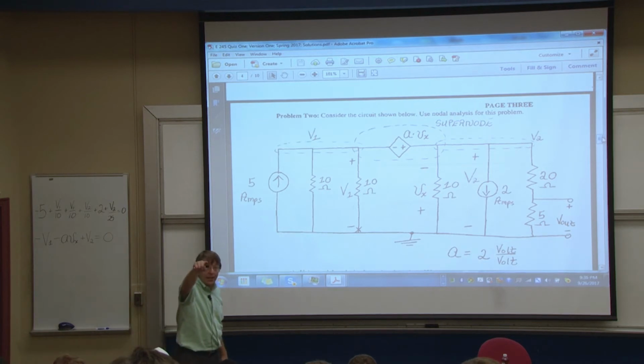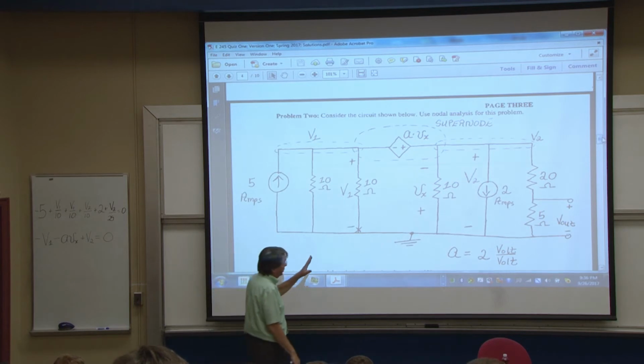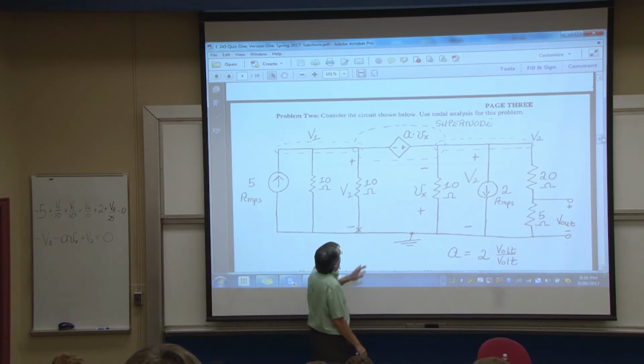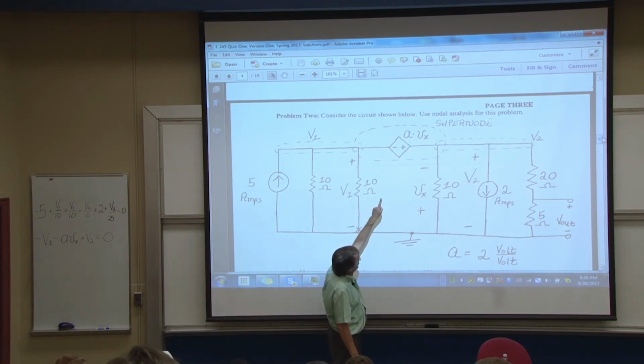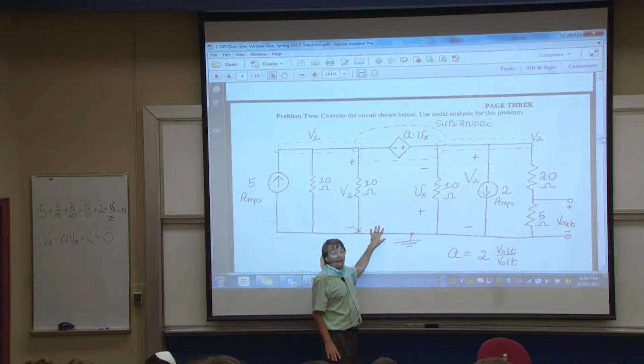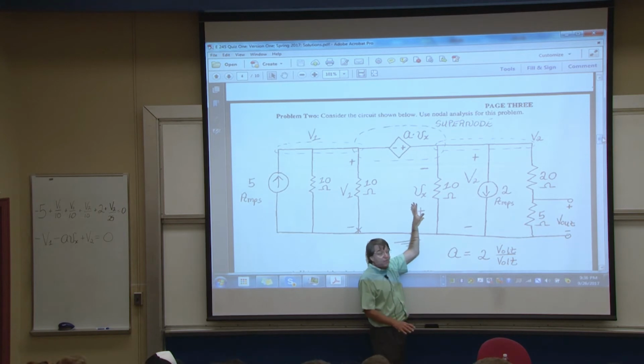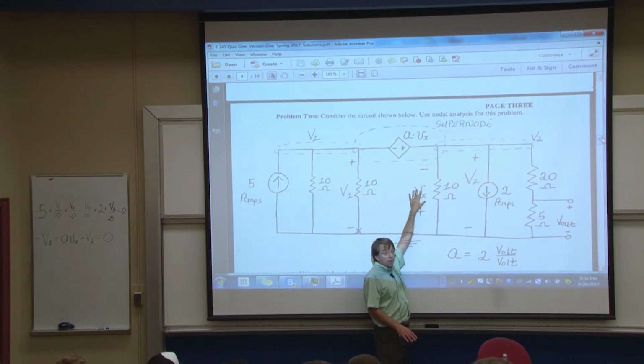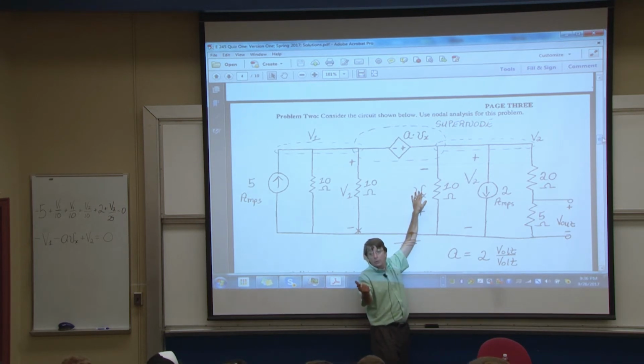Now, my colleague who asked this earlier, I think you already know this, so I'm not going to ask you, but this goes to your point. I now have to get an equation for Vx. So what I have to do is look, where is Vx in the circuit? Here. Now, what am I solving for? V1, V2.